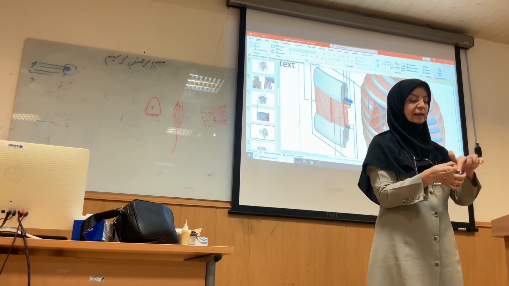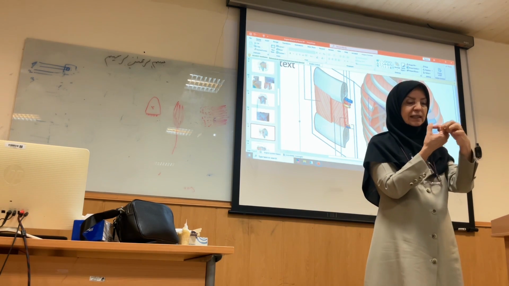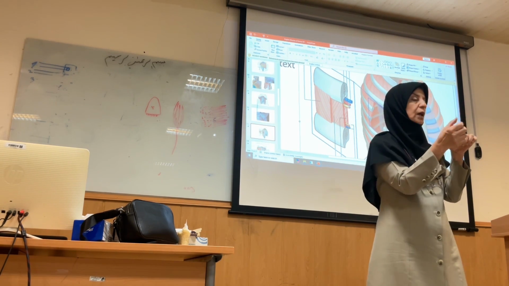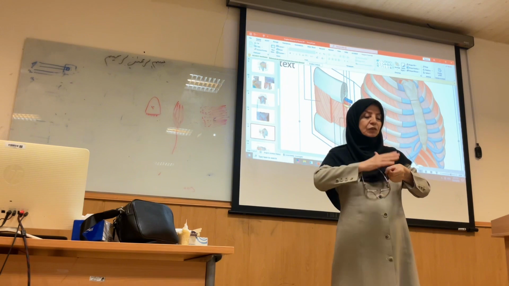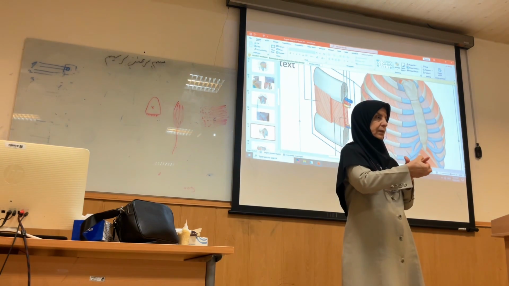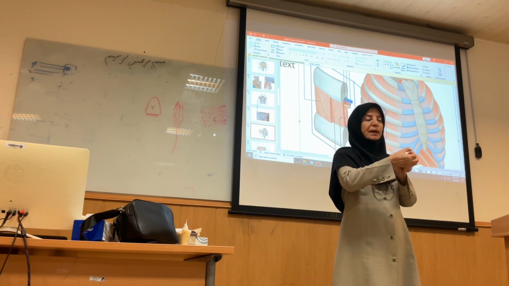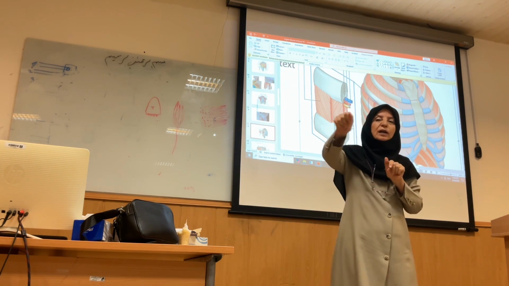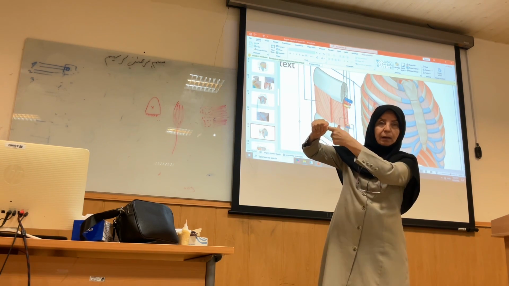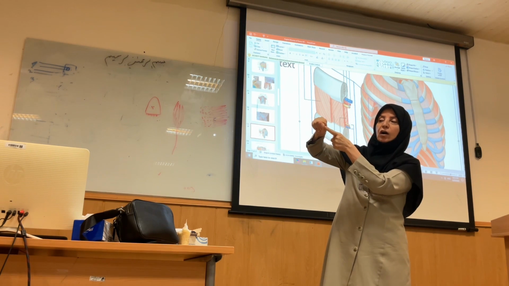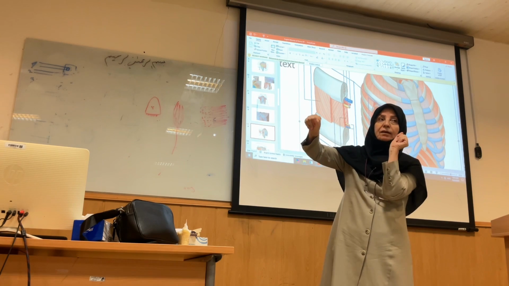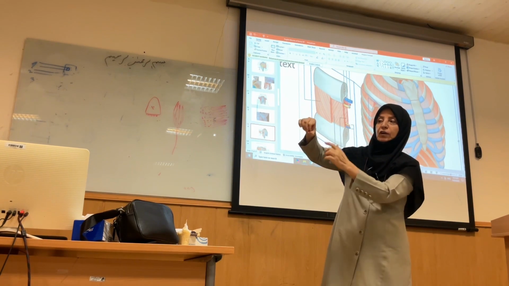In the vein, the wall is very thin; the artery is very thick. So if I cut a transverse section of the artery, the lumen is visible. What about the vein? The lumen is not visible, it closes. Because the wall of the vein is so thin, the lumen is not visible. But in the artery, if I cut, you can find a lumen.